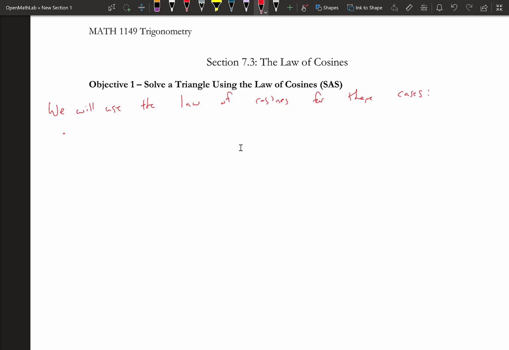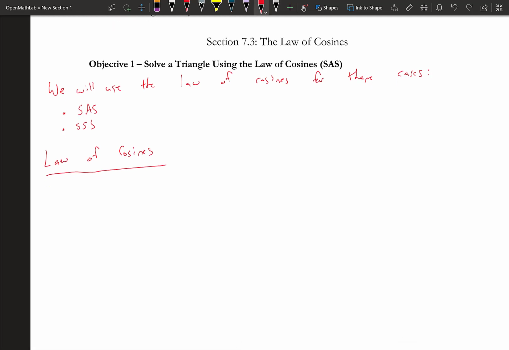We're going to use that for side angle side and side side side. So let me just state what the law of cosines is.